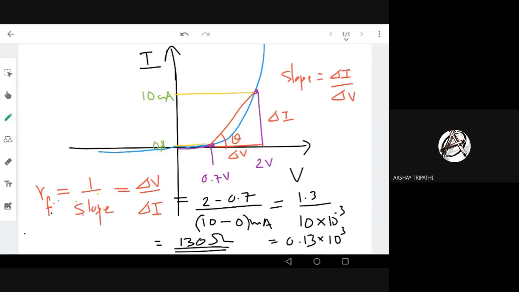Yes, 130 ohm. So here I calculated the resistance as 130 ohm. I think it's a bit more. Usually, if you calculate the diode resistance, it will be around 40 to 50 ohm. Sometimes it can be 20, 30 also. But 130 is also fine.